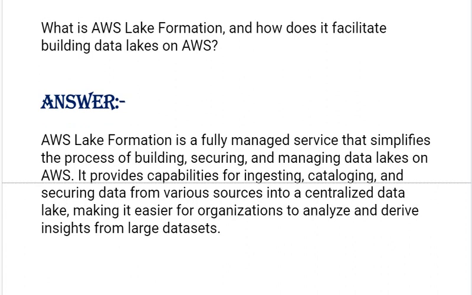It provides capabilities for ingesting, cataloging, and securing data from various sources into a centralized data lake, making it easier for organizations to analyze and derive insights from large data sets.